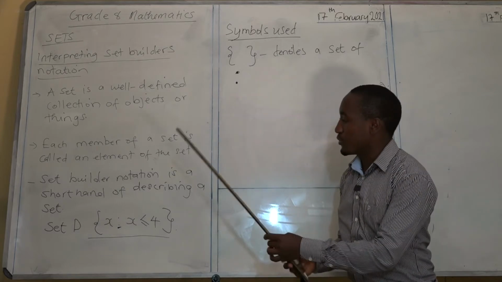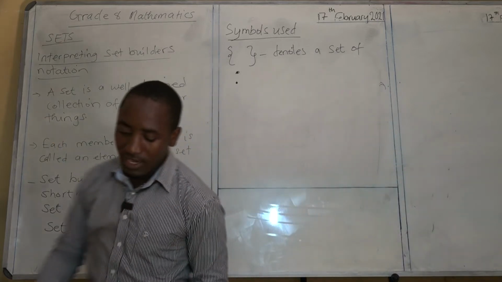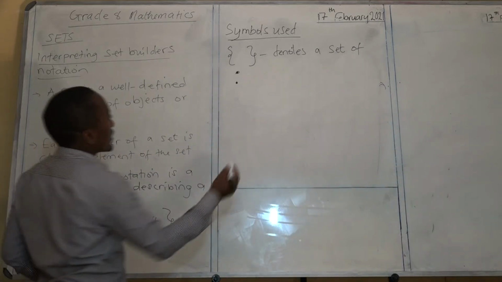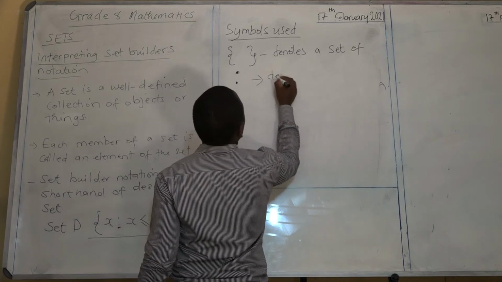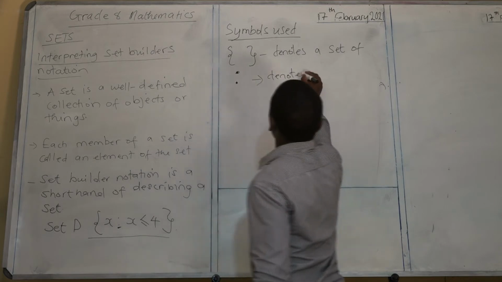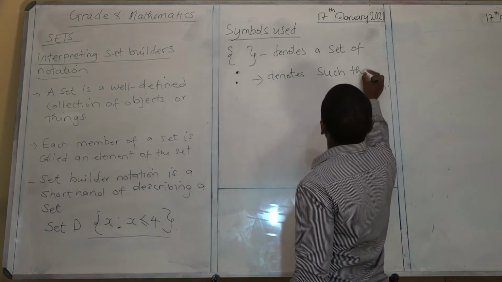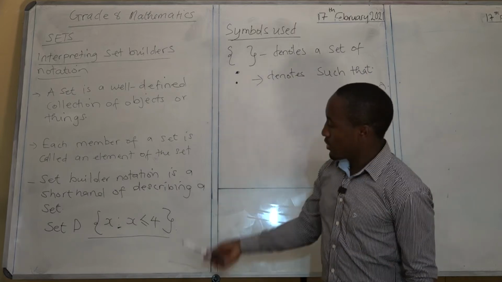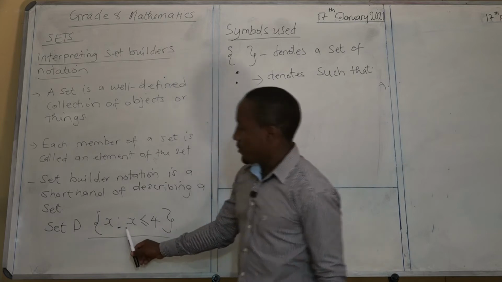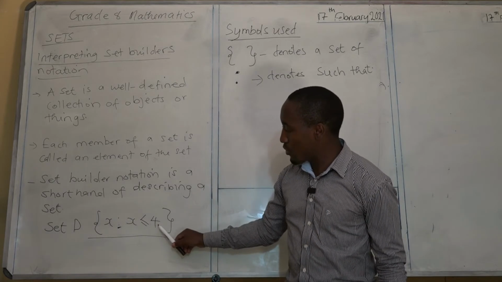In English we call this a colon, but in mathematics, under this topic, it refers to such that. Looking at my set D, x is less than or equal to 4.